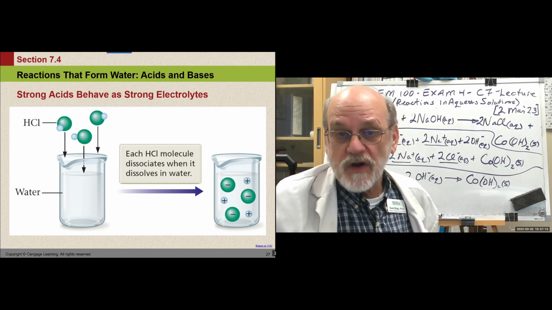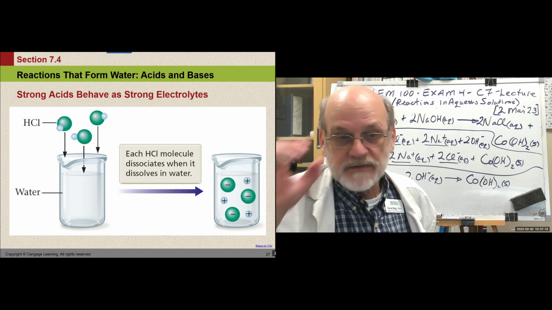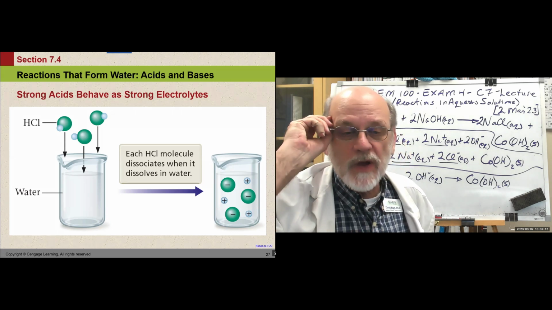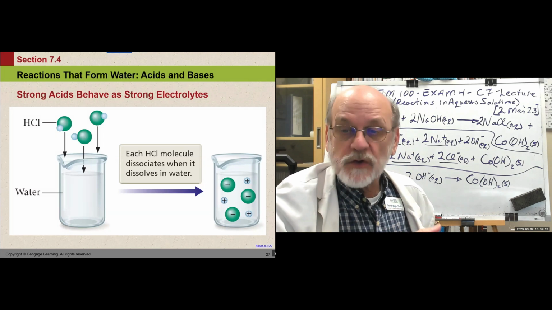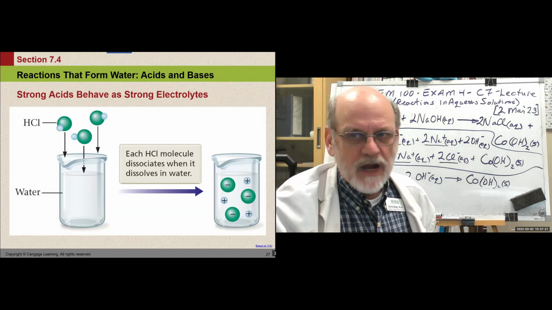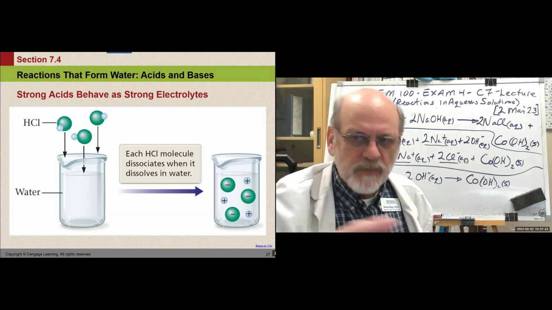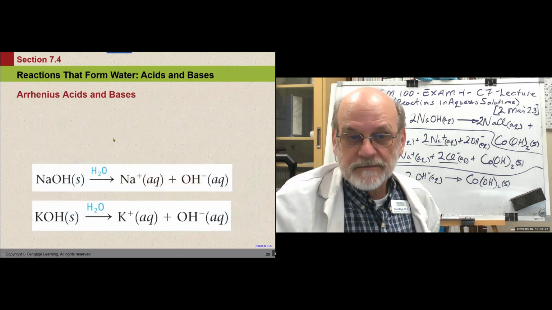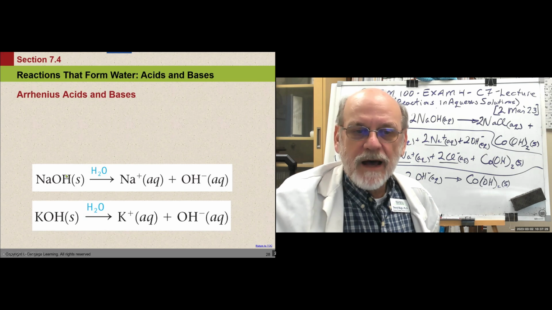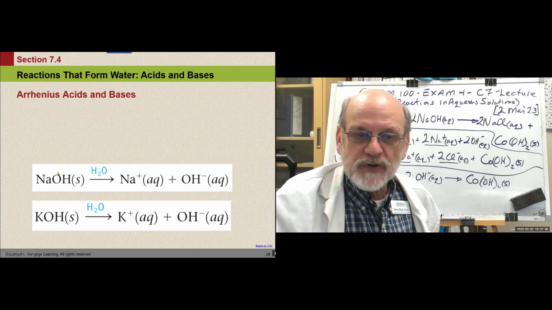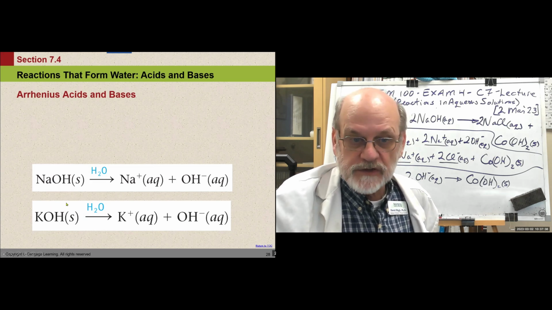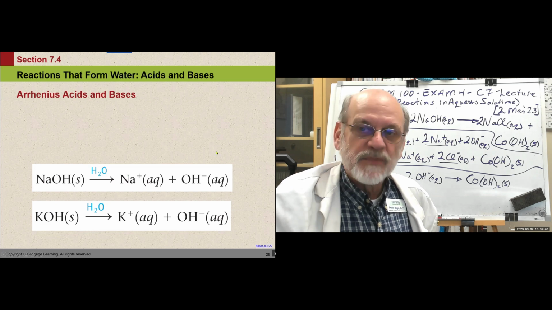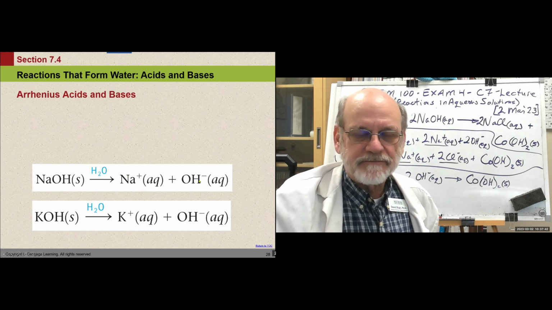Strong acids behave as strong electrolytes. So hydrochloric acid, hydrogen chloride in water, dissociates completely. So we've got a lot of ions there that complete the circuit. Right? So that's a strong electrolyte. Bases, according to Arrhenius, are those molecules that can produce hydroxyls when they go into solution, like sodium hydroxide, potassium hydroxide.